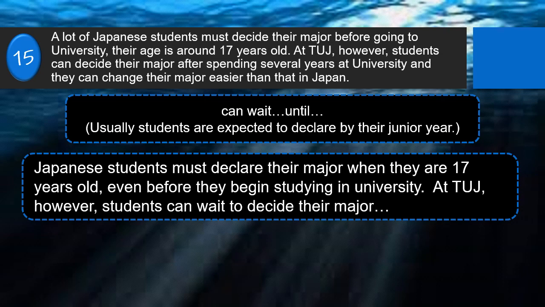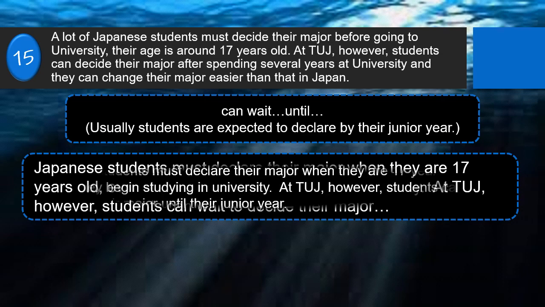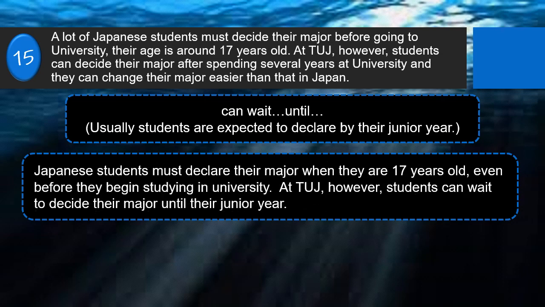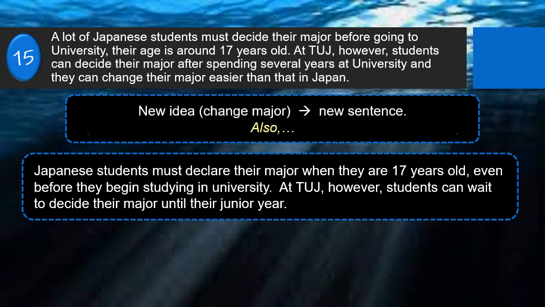Well, in the United States, usually students are expected to declare by their junior year, before they begin their third year of university. So, at TUJ, however, students can wait to decide their major until their junior year.